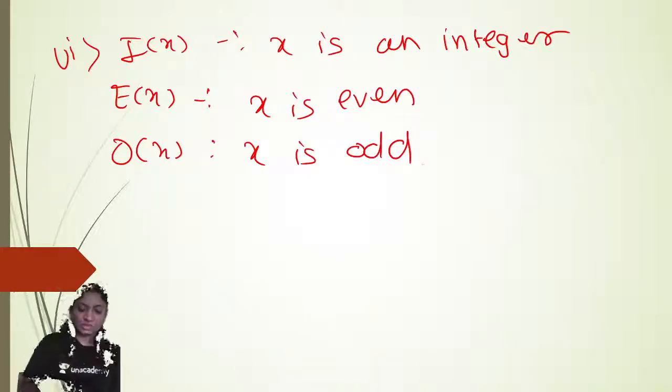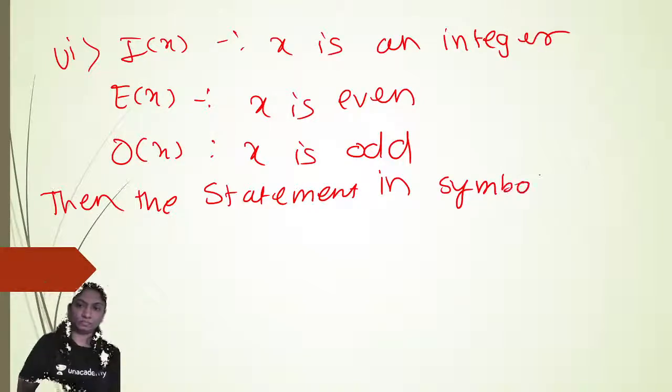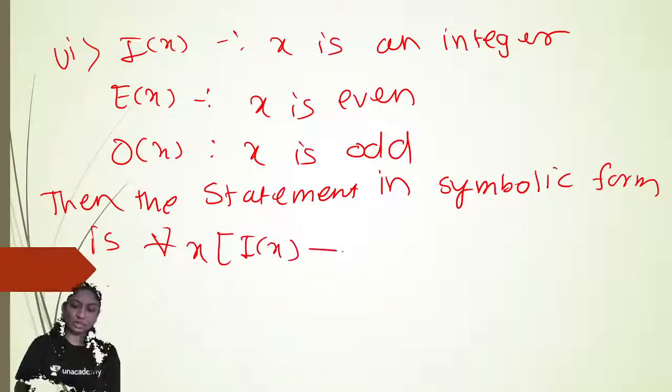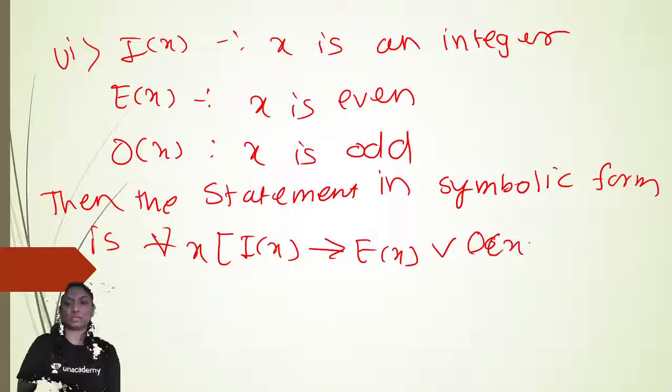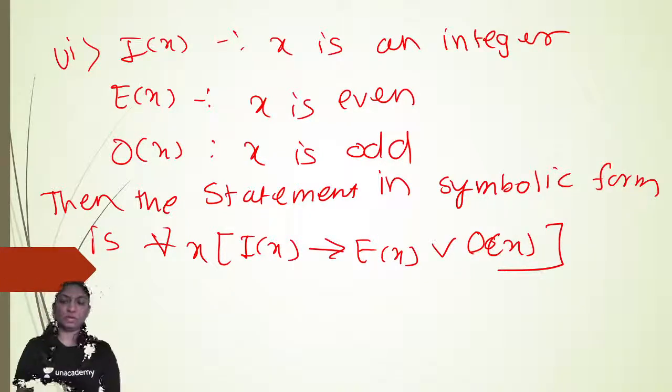Then the statement in symbolic form is for all x, I of x implies E of x or O of x. Right? So either it is even or odd. Okay.